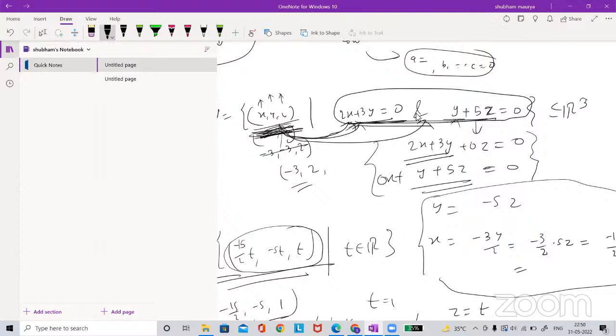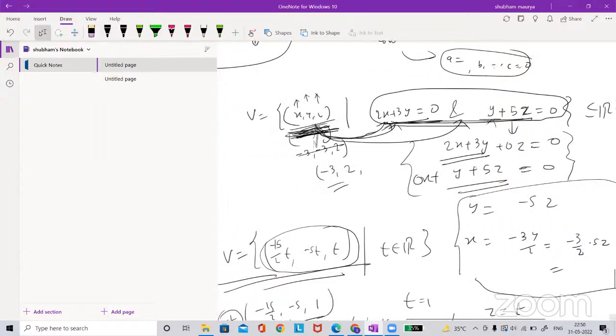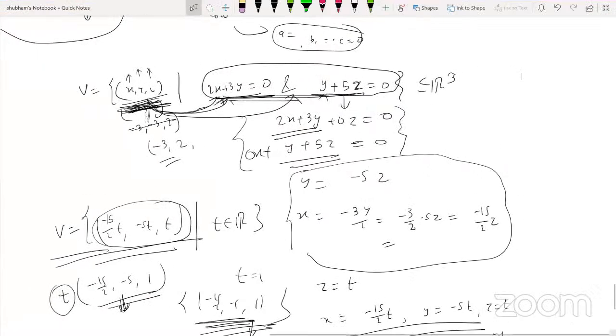Vectors will decide the basis and the dimension. The system is like a criteria. Criteria in the sense that in R3 there are so many vectors. From there you are choosing vectors which satisfy these 2 conditions and putting them into here.